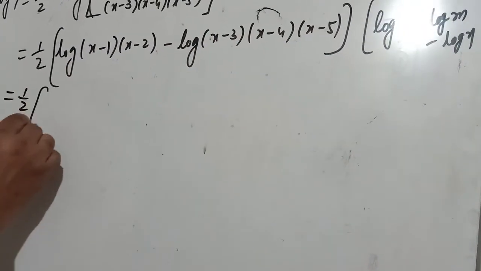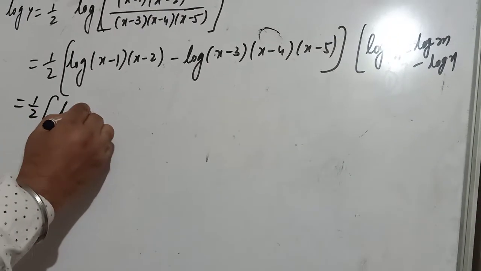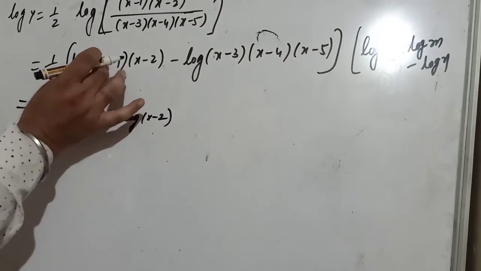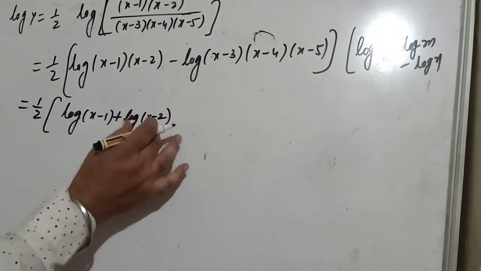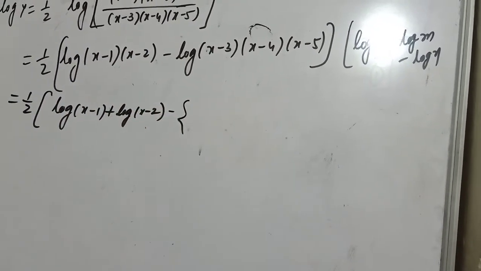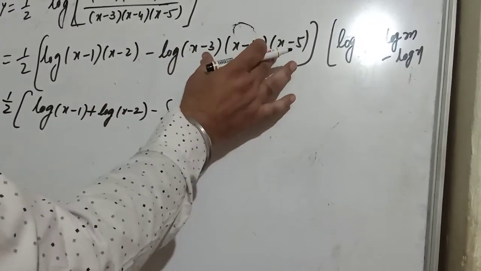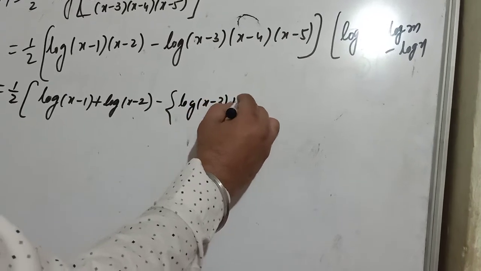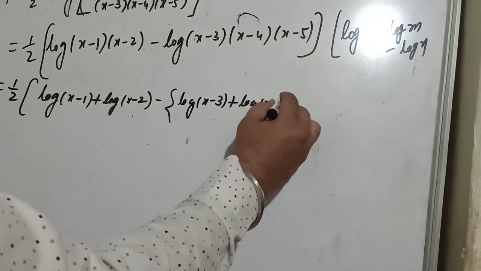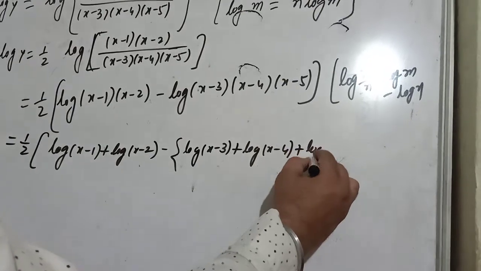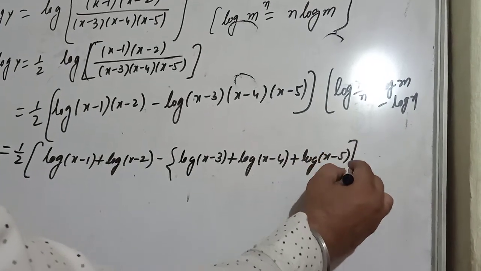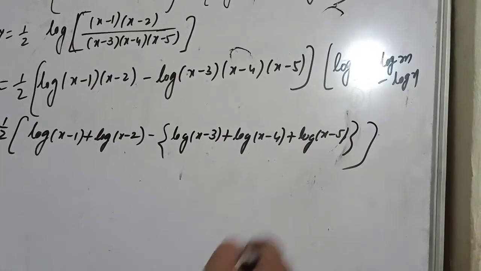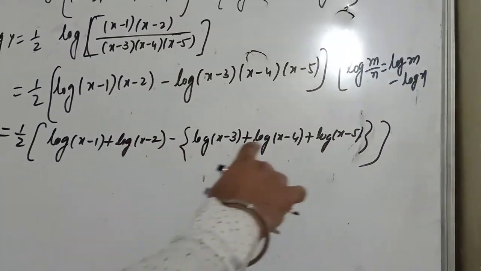So 1 upon 2 we can write log (x minus 1) plus log (x minus 2), because log m into n is log m plus log n, minus, and here also we can use the product property. This will become an addition: log (x minus 3) plus log (x minus 4) plus log (x minus 5). When we open this bracket, all of this will become negative.